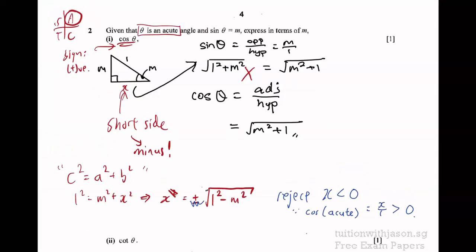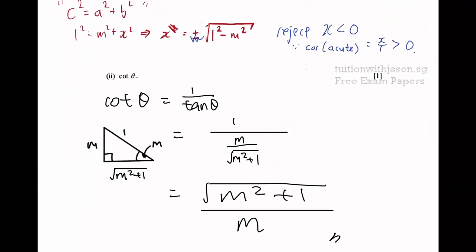So now if you take cosine of theta, it becomes adjacent over hypotenuse, which is x over 1, which is square root 1 square minus m square over 1, which is just square root 1 square minus m square. Positive sign because it's acute. With me so far? Very good. Part 1 is fine.